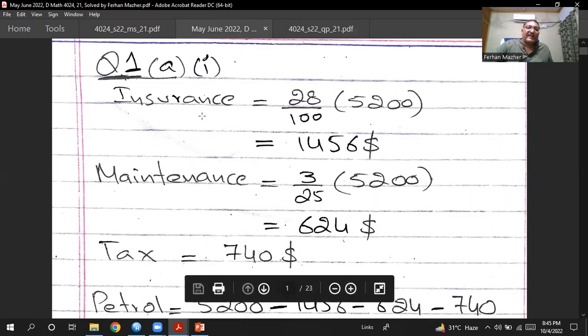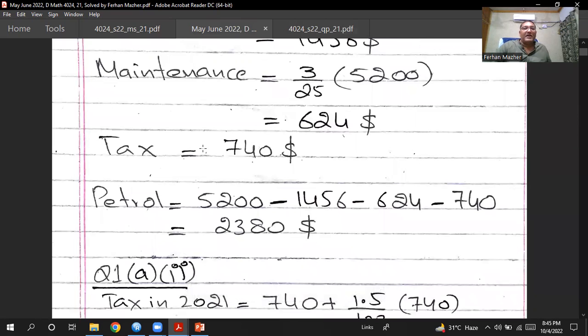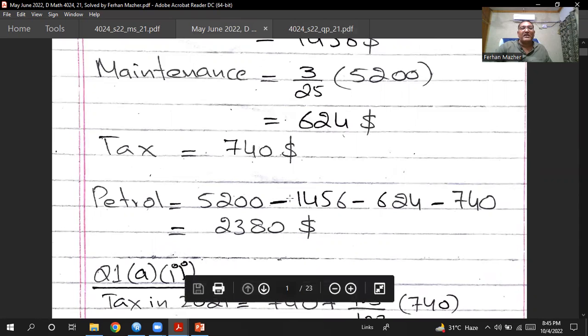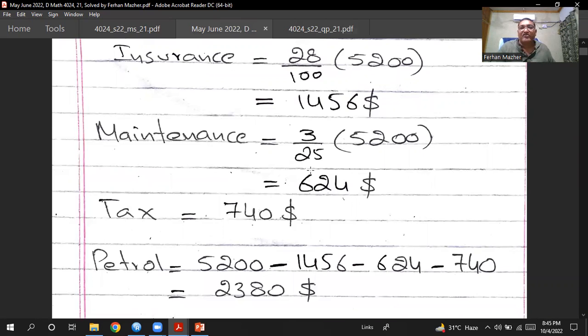The tax is directly given as $740. The remaining money is spent on the petrol, so from the total money, subtract these three amounts. So 5,200 minus 1,456 minus 624 minus 740, and you will get 2,380.